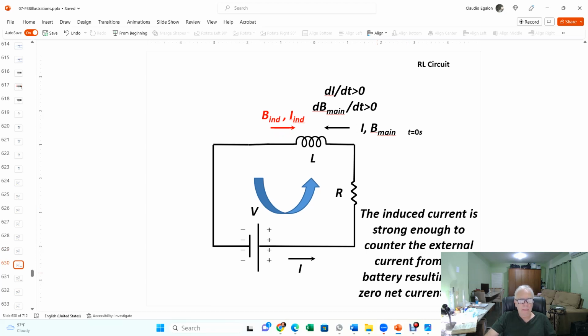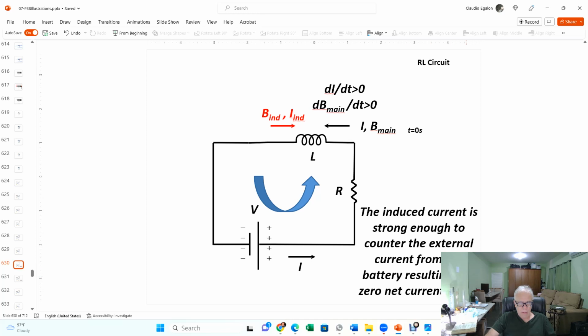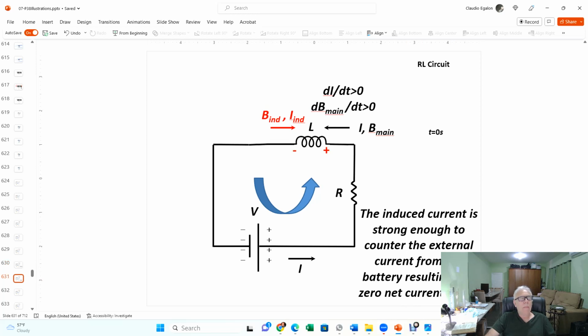Okay? The induced current is strong enough to counter the external current from the battery, resulting in a 0 net current at time t equal to 0. Okay, and what else can we say? Not only do we say that the inductor prevents the buildup of current, but the inductor also behaves as though it is a battery.